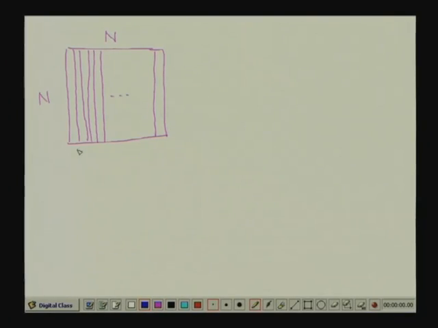So, let us assume in this particular case that we represent every column of this two dimensional array as a vector. If we do that, then this column will be represented by a vector say x 0, this column by a vector say x 1, this column by a vector say x 2, and this way we will have n number of vectors as there are n number of columns.